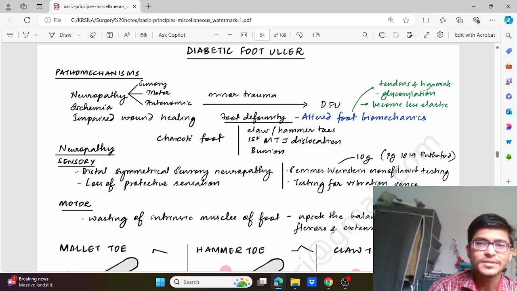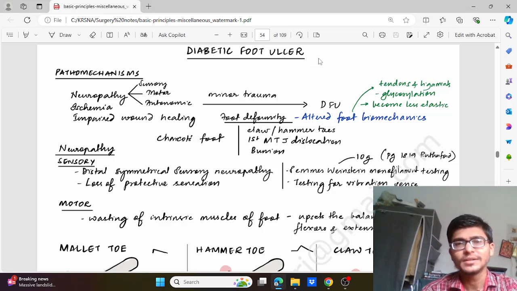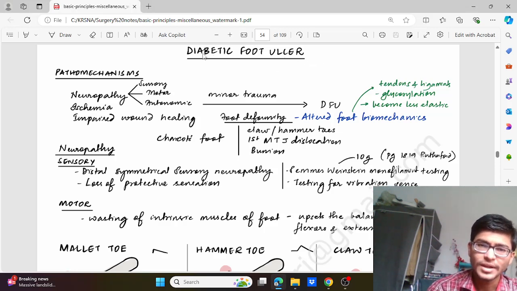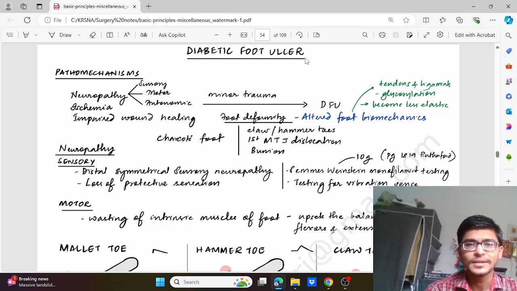So, diabetic foot ulcers. These are very troublesome issues and very tricky to handle, and they need a multi-modality approach involving surgeons, plastic surgeons, orthopedicians and physicians.